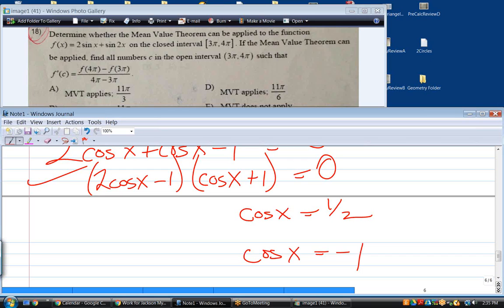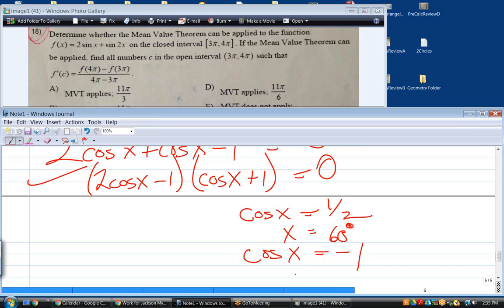Okay, so now I can figure out my x. Where does cosine x equal 1/2 in this interval? Well, first of all, where would it equal 1/2 in the first quadrant? Would it be at 60 degrees.